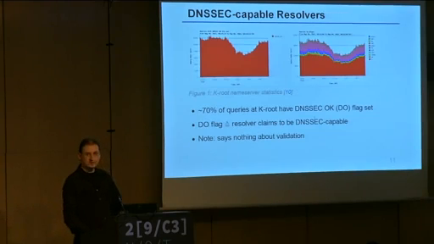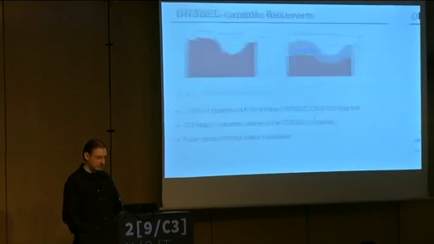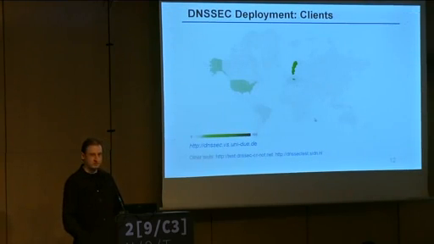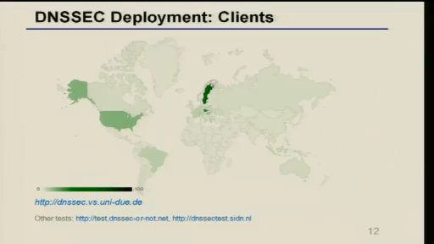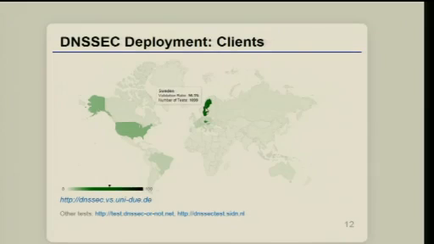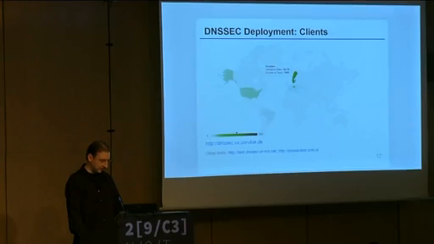So let's take a look at how many clients actually are protected by DNSSEC validation. This is the result of a study of about 80,000, 90,000 clients, which ran over the last 6 months. And you can see the largest validation ratio for clients is in Sweden. It's around 55%, 56%.